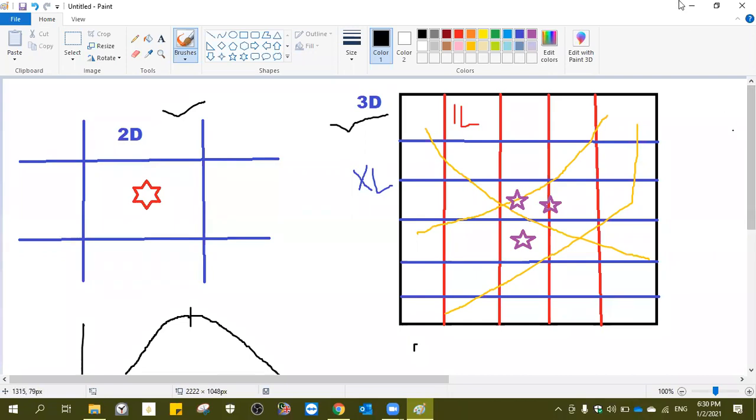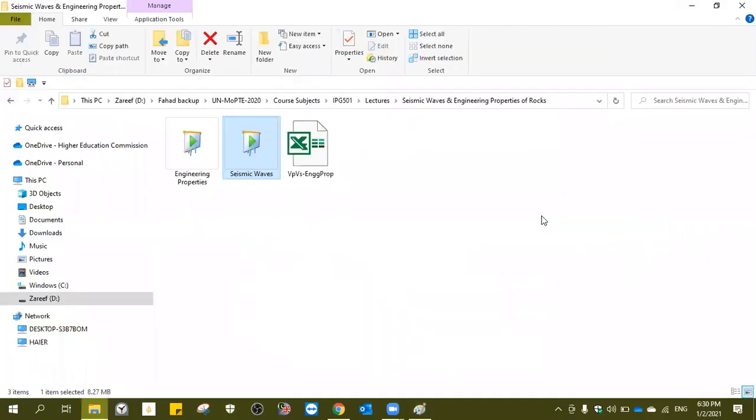So in order to study the different techniques, we must know what the seismic wave theories are.